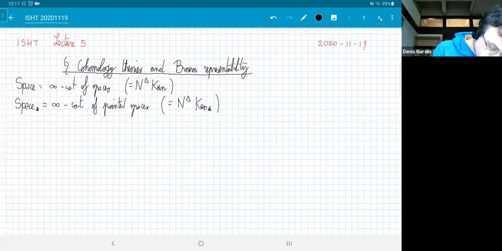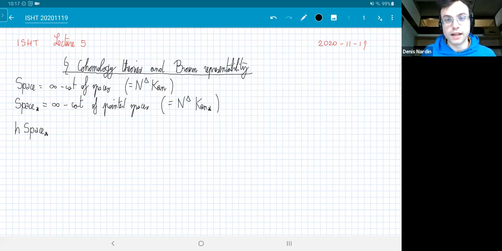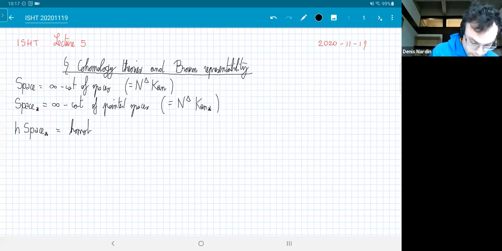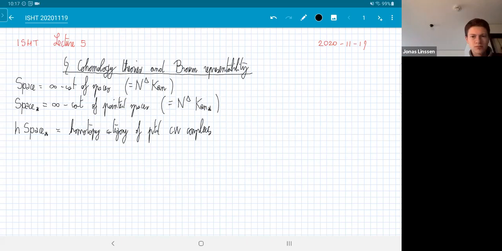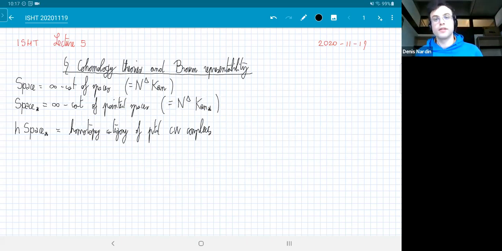And remember, an important thing that we discussed a bit last time: the homotopy category of spaces, which happens when you identify homotopic morphisms, is the same thing as the homotopy category of pointed spaces, well, of pointed CW complexes. That we discussed last year, or whenever you have studied algebraic topology.